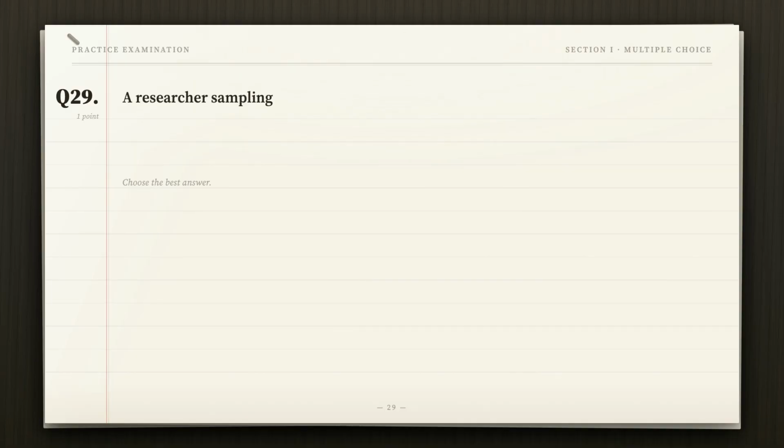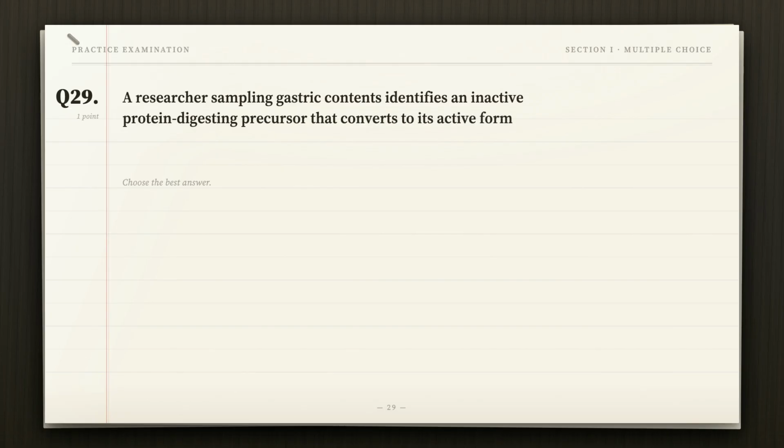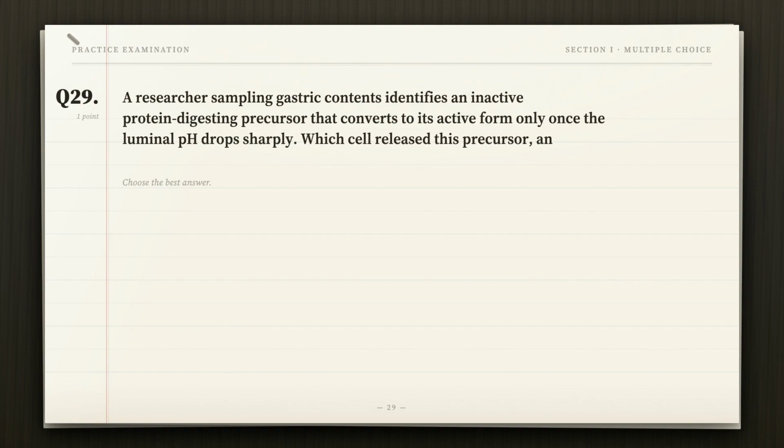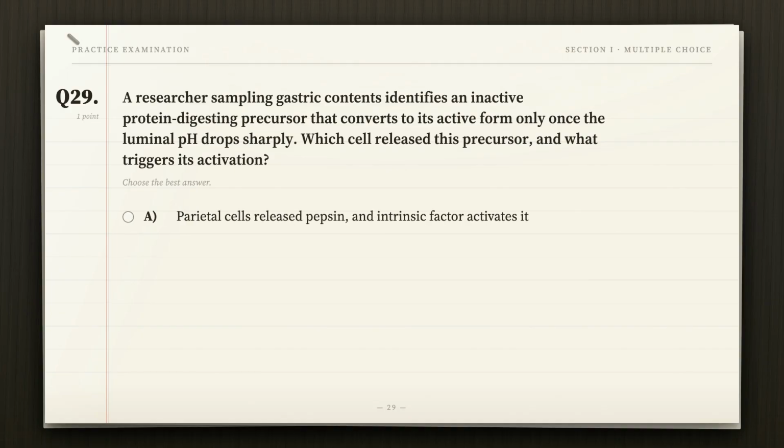Question 29. A researcher sampling gastric contents identifies an inactive protein-digesting precursor that converts to its active form only once the luminal pH drops sharply. Which cell released this precursor and what triggers its activation? Your options are: A. Parietal cells release pepsin and intrinsic factor activates it.